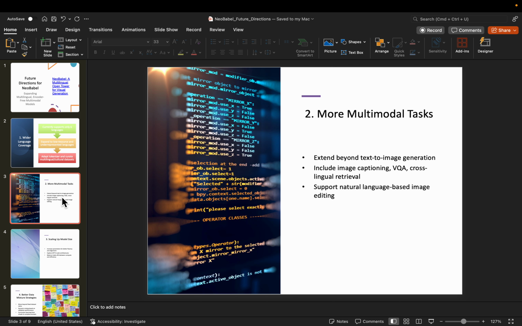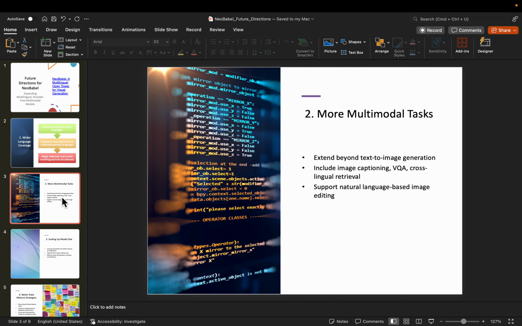Currently, it is restricted to text to image generation. We can include more multimodal functionality, like extending its use to image captioning, visual question answering, and natural language based image editing. So, based upon the prompt, we can edit our image.